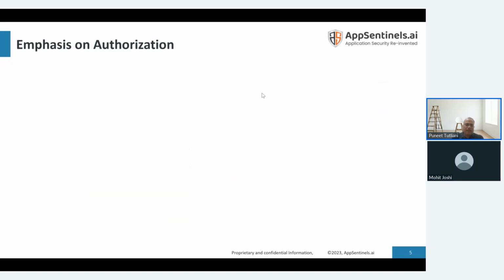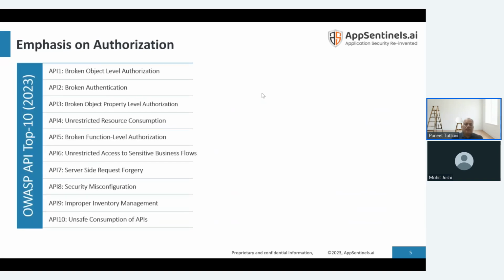So one thing is very, very clear, that there is much more emphasis on authorization related attacks in OWASP API Top 10 2023. In fact, you see the first one, broken object level authorization, and the third one, broken object property level authorization, which is a new addition.